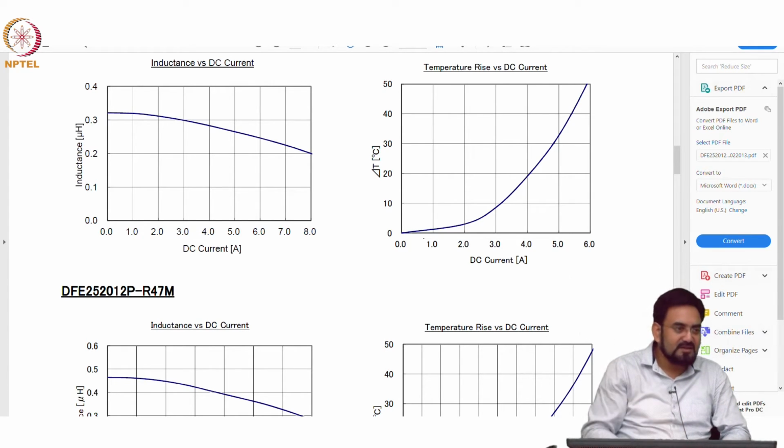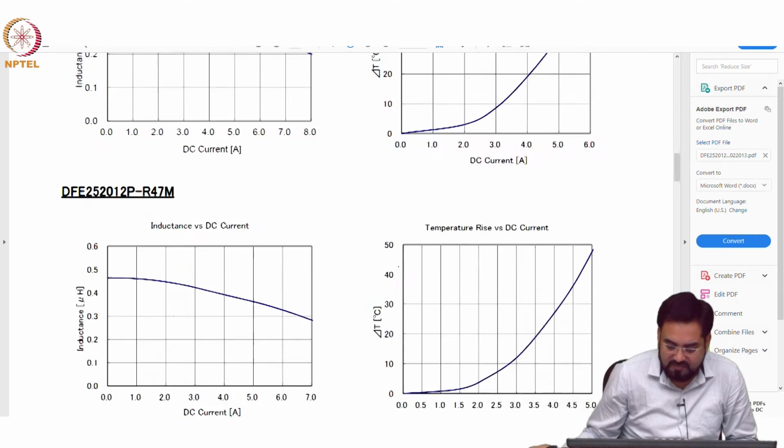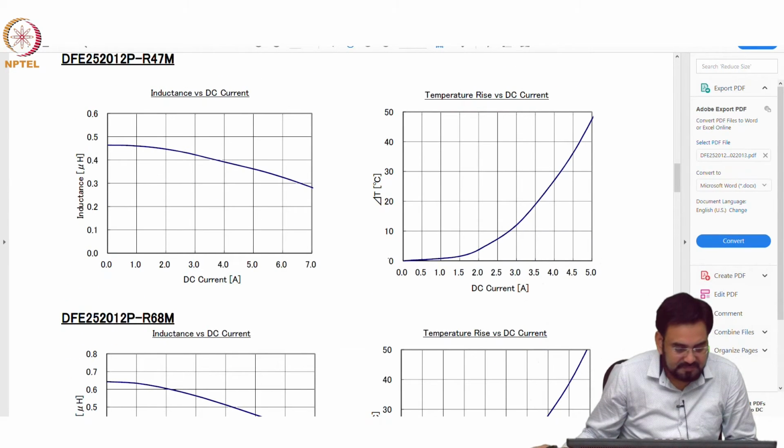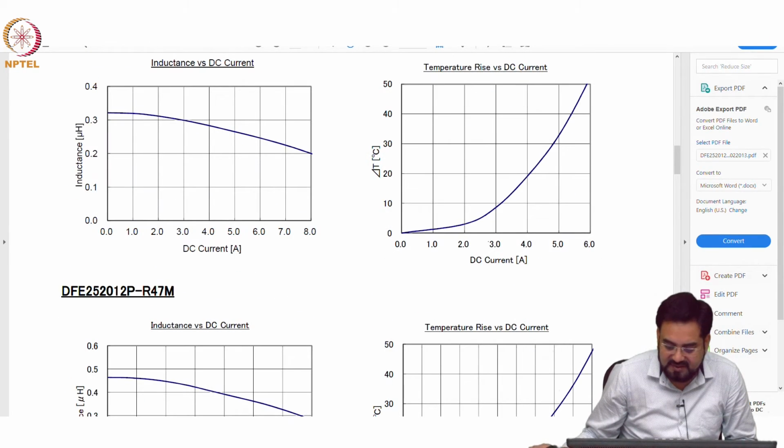You can look at it. So 85 plus 40 is nothing but 125. So beyond that we cannot guarantee operation. Your inductor may even break actually.